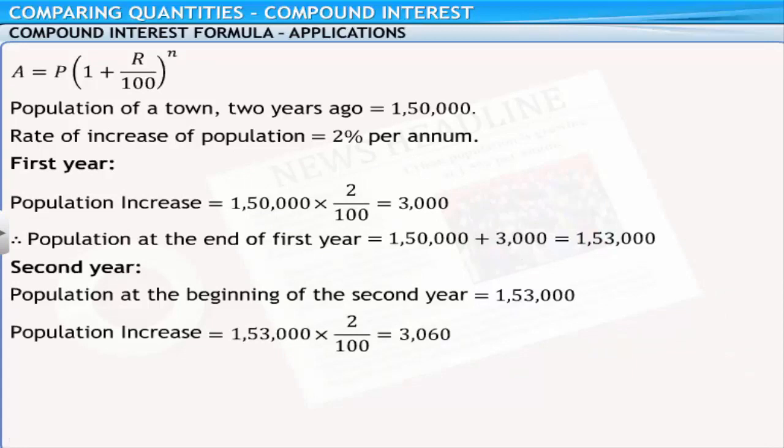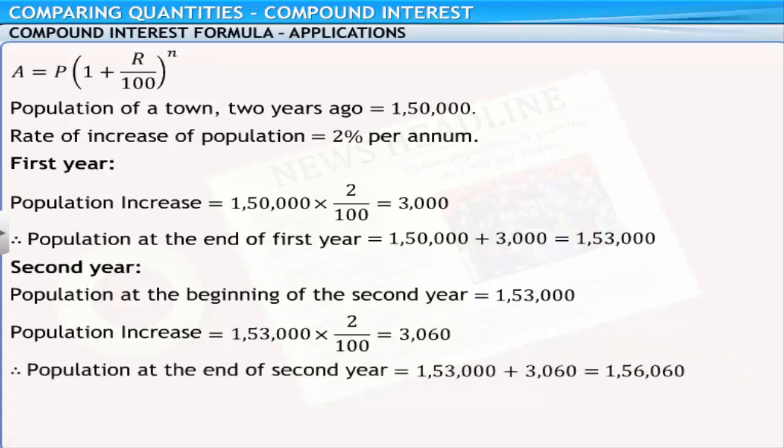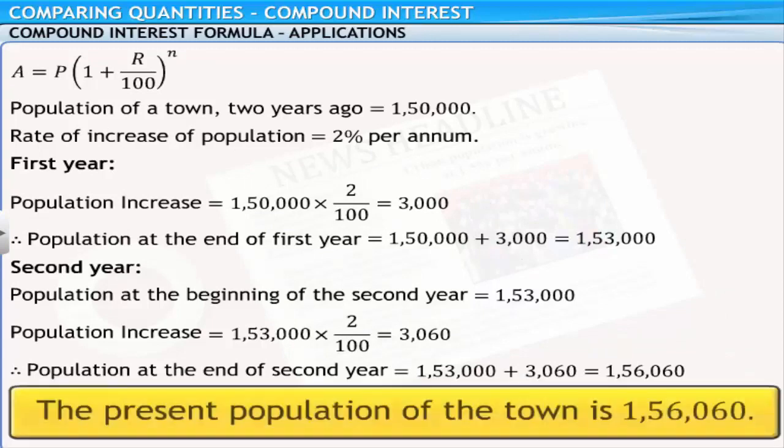At a 2% increase, the population will increase by 3,060. Now, the population at the end of the second year will be the sum of the population at the beginning of the second year and the increase in population, which is 156,060.